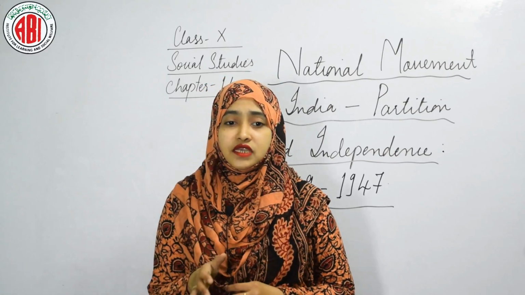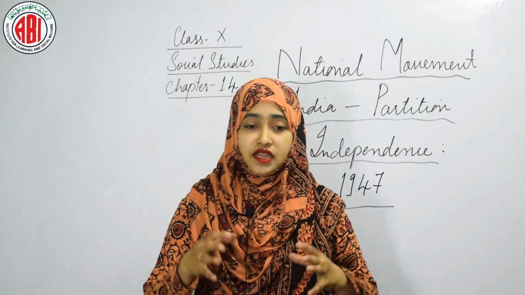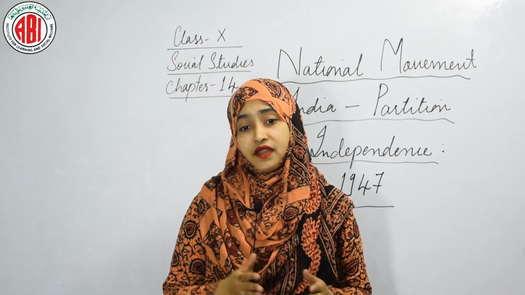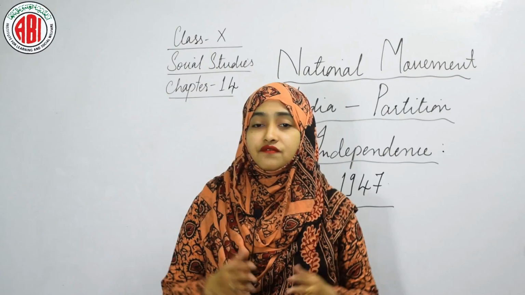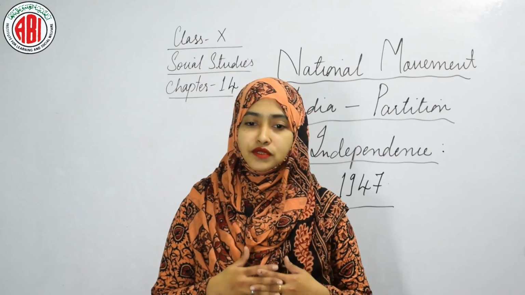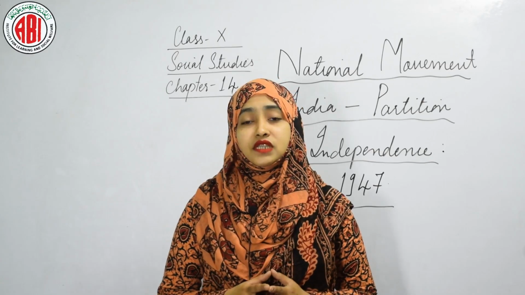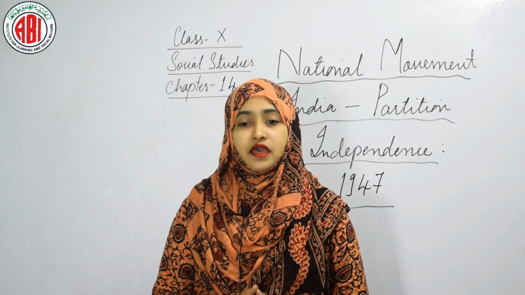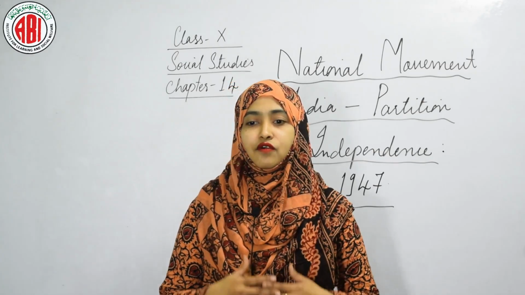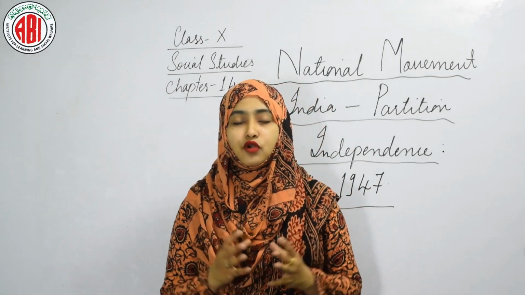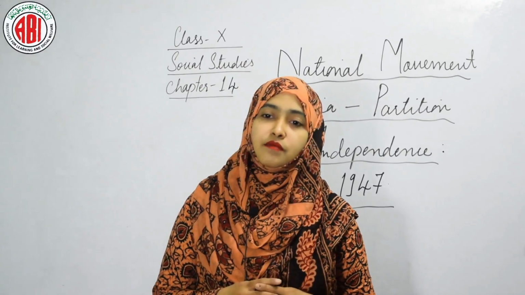After this, the political situation in India changed when the British started following the policy of divide and rule, and the Congress failed to address the fear of Muslims. On 23rd March 1940, the Muslim League moved a resolution demanding autonomy for the parts of the subcontinent where the Muslims were in majority.